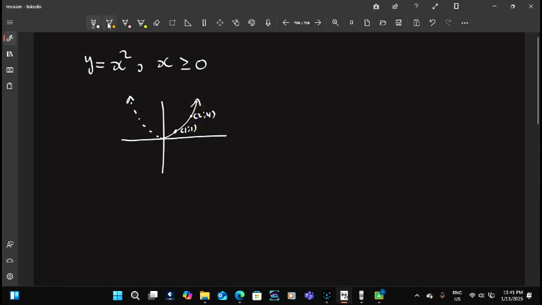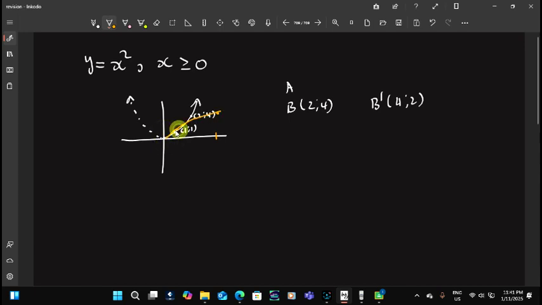If I were to draw the inverse, remember, to get the inverse we change the values of y and x. So if 2 was mapped to 4, it will change to 4 mapped to 2. So 4 will be somewhere here, and 2 will be somewhere there, and we would have something like that.